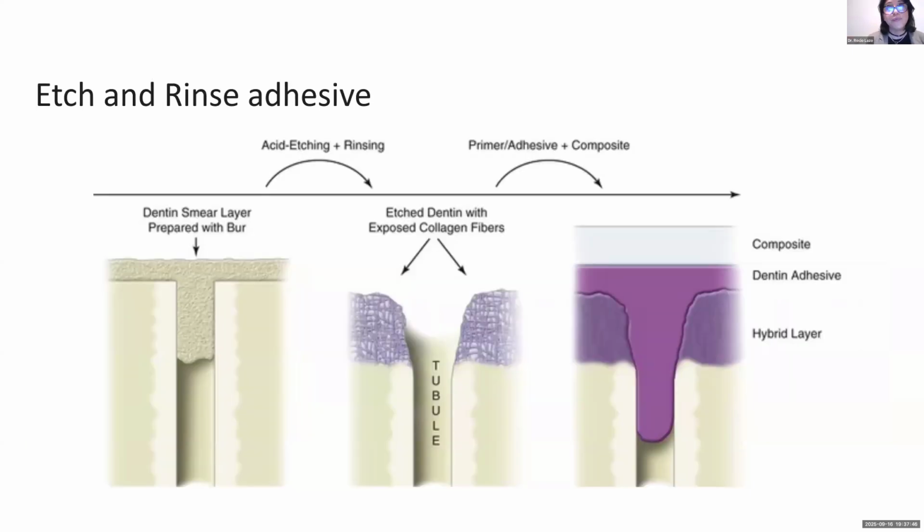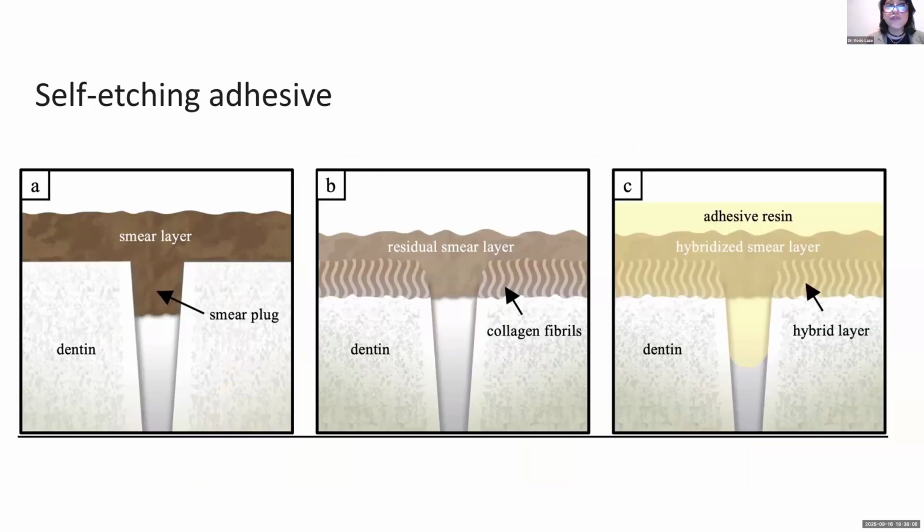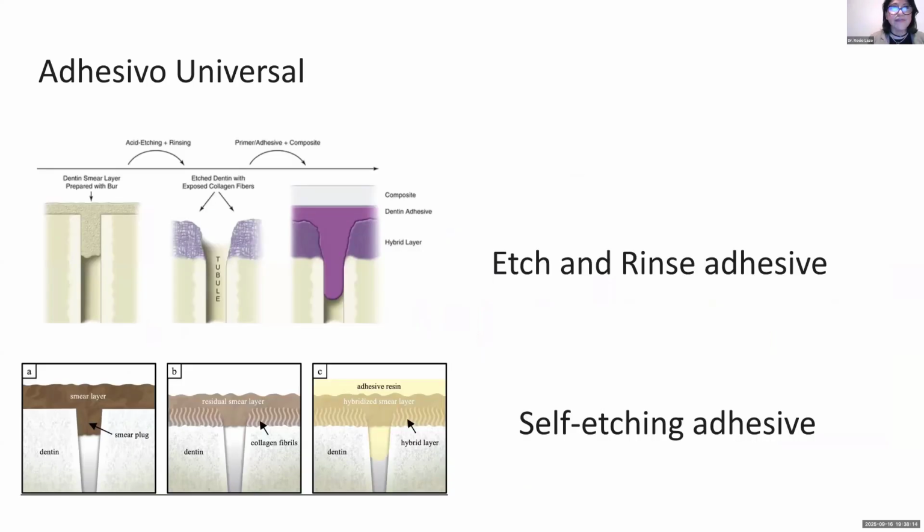The difference is if you use the etch-and-rinse adhesive, you are using orthophosphoric acid and you remove all the smear layer. What happens? You expose the tubules and it's possible that your patients have hypersensitivity post-treatment. Okay, but if you use the self-etching, you are not going to have problems of hypersensitivity, but you are not going to have a good adhesion.